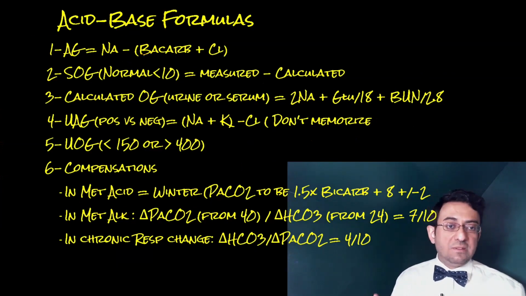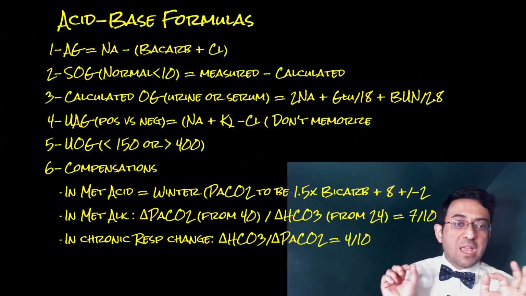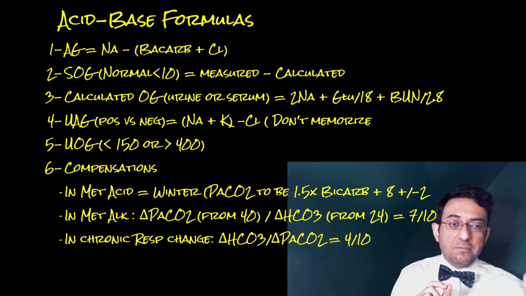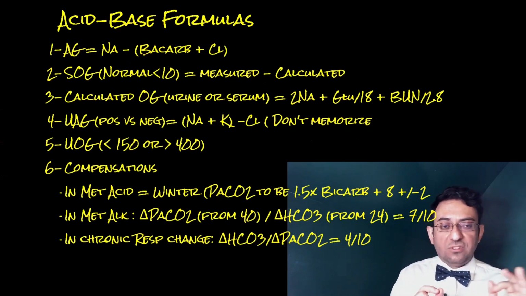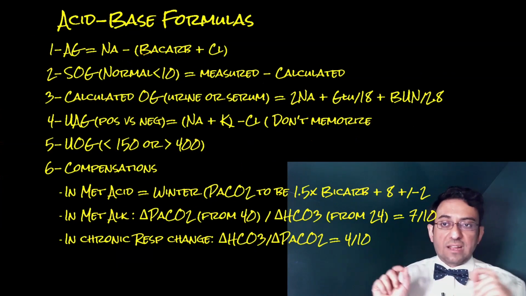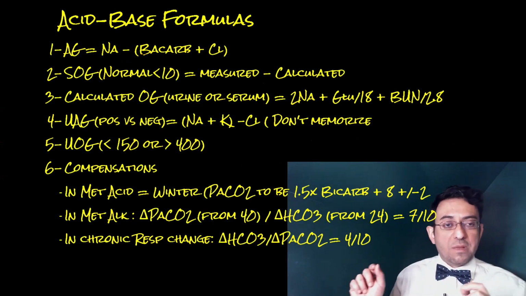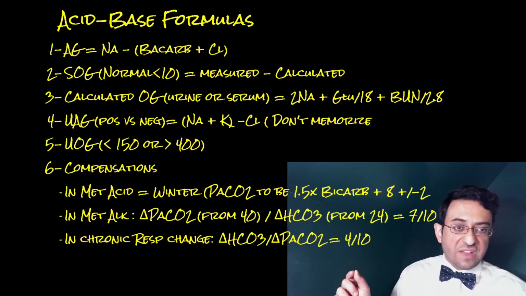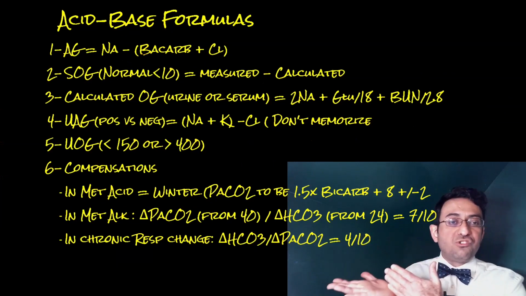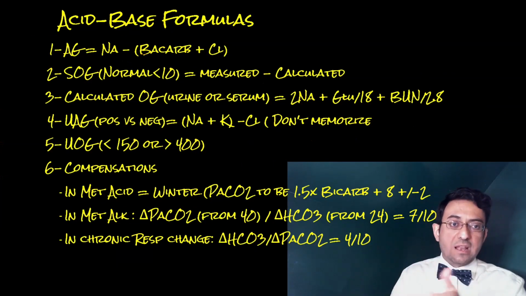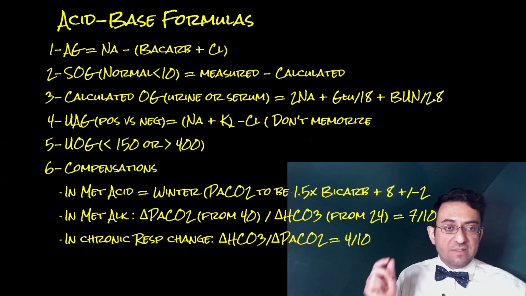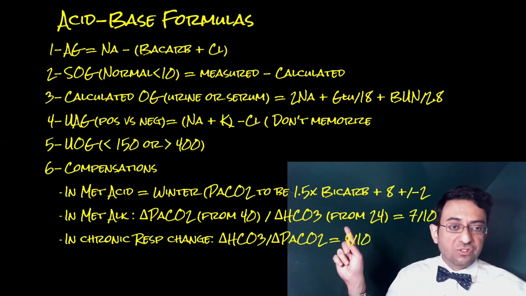It actually says anion gap is measured cations minus measured anions. Why is it so? Because if we subtract measured cations from measured anions, it's actually giving us the value of unmeasured anions minus unmeasured cations. And that is what we are using these two surrogates for.